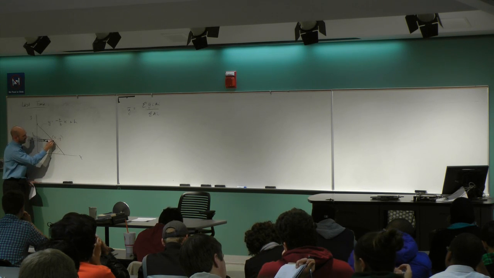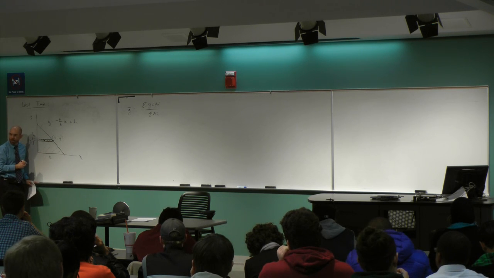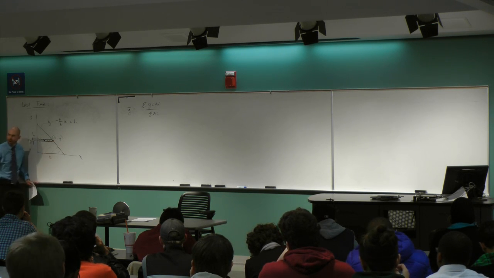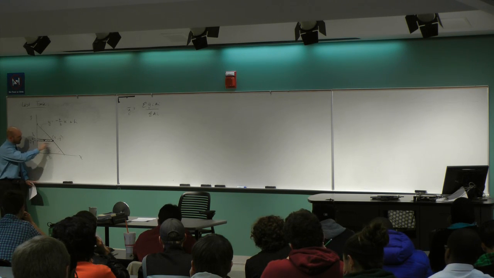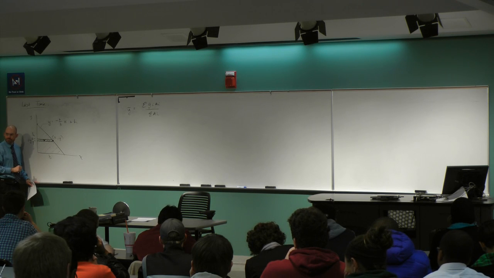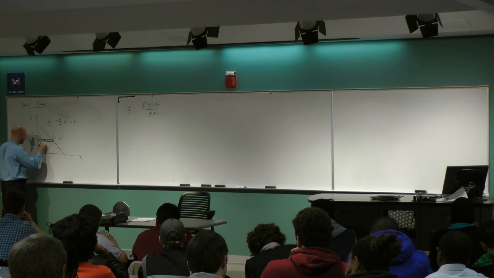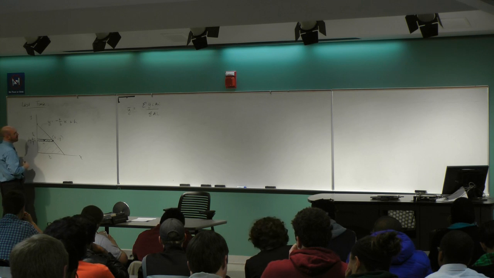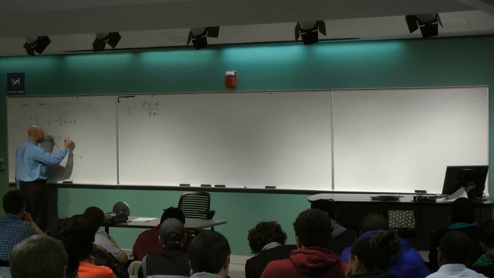So if it intersects this line at this point, and this point has coordinate values x and y, then how wide is this rectangle? It's x. So this distance here is really x, but keep in mind, x now is a function of y.